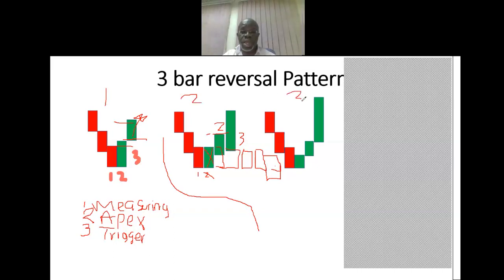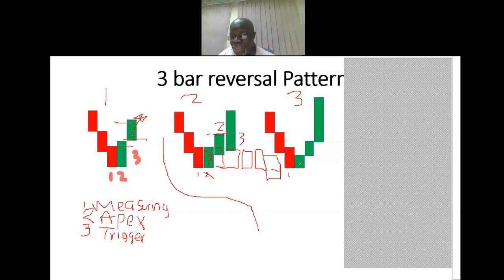Example 3, something is happening differently here. The market comes down and stops. The bull candle does not close above. So this becomes our initial measuring candle, and we are hoping that this one will go up above that one.